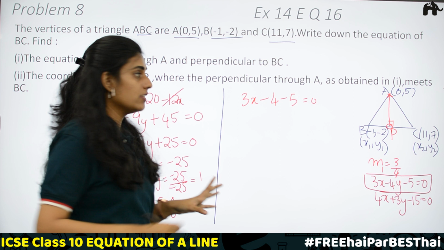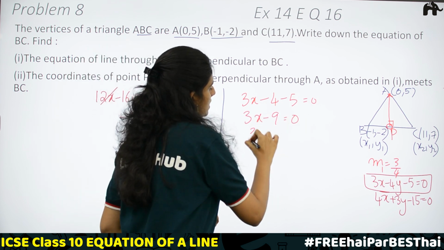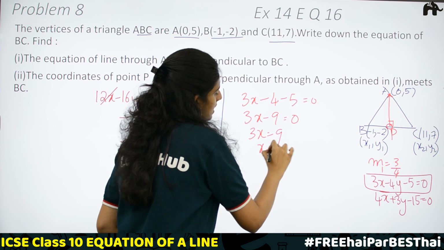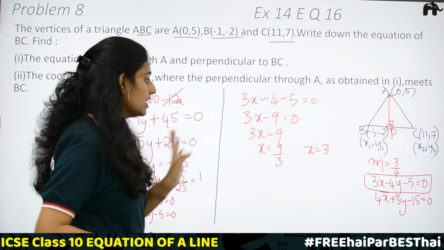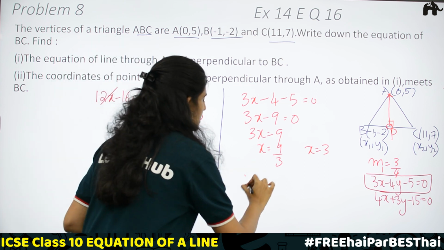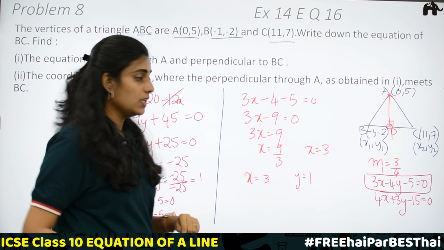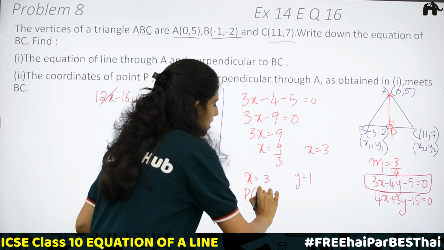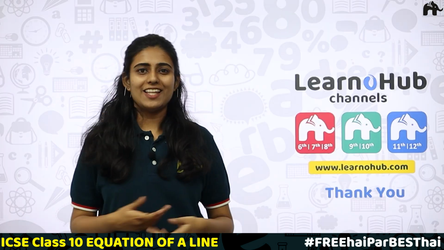Minus 4 minus 5 is minus 9. 3x minus 9 equal to 0, which means 3x is equal to 9 and x is equal to 9 by 3. x is equal to 3. We got the x and y values. x is equal to 3 and y is equal to 1, which means the coordinates of point P are (3, 1). Clear?